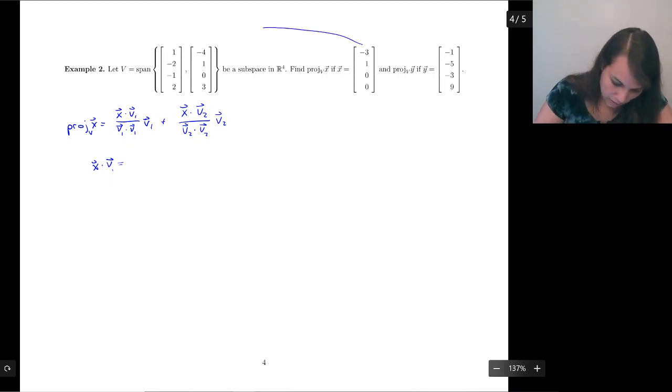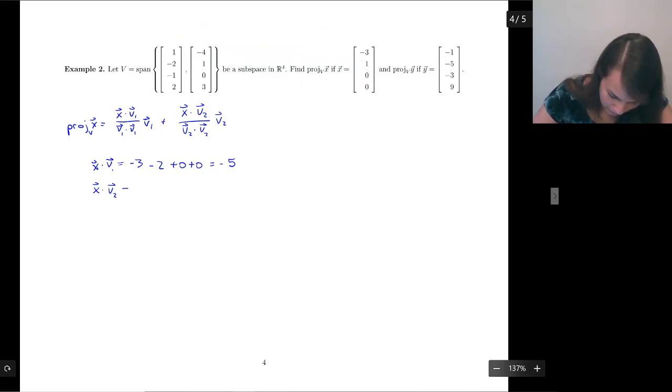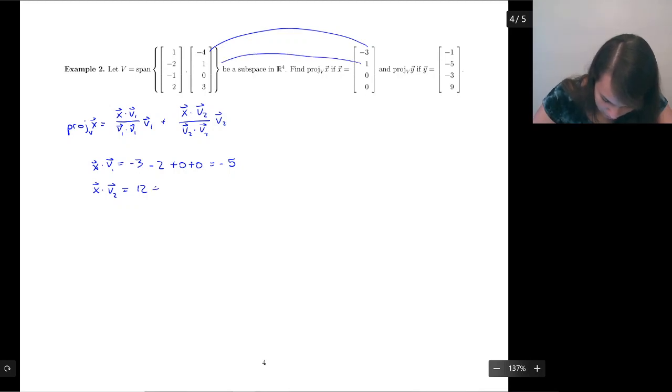So that's going to be -3 times 1, so -3. 1 times -2, -2, and then 0, 0. And then X dot V2, that's going to be -3 times -4, so +12, and then 1 and 1, and then our zeros. And then we need to do our magnitudes for V1 and V2.